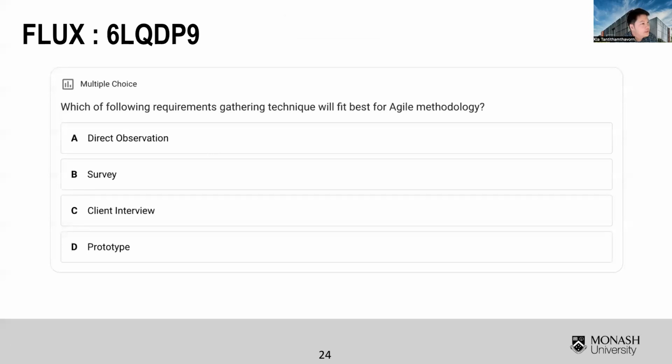Okay, 23 responses now. Yeah, basically the answer is in the previous slide. If you understand what the agile means, then the answer will be right. Okay, I will move on.